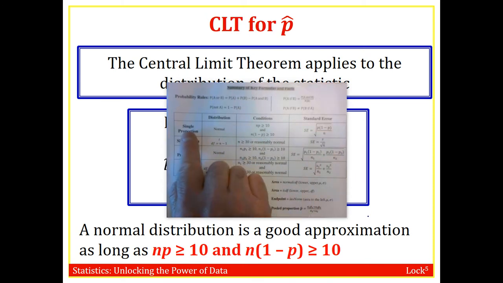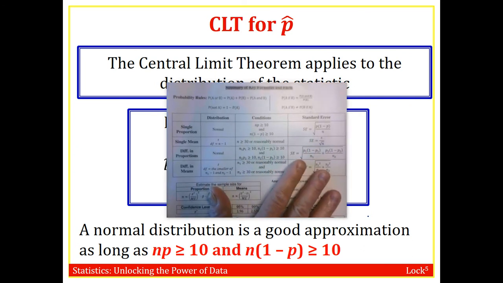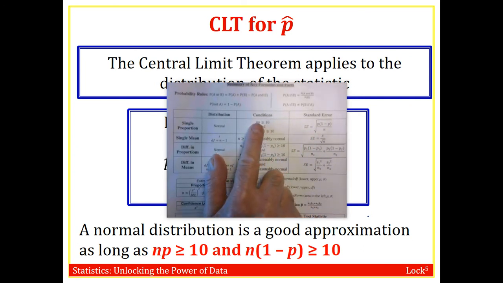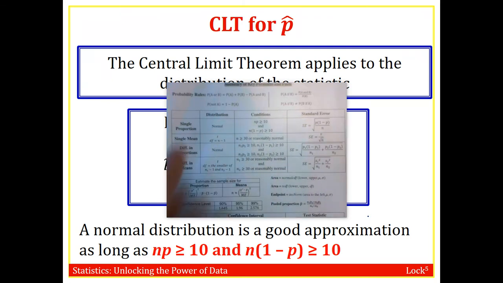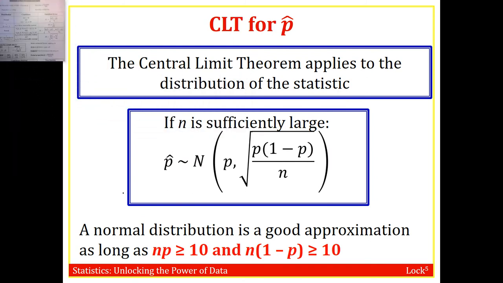It's in single proportion, and it's right here. I also have these conditions that say, if you take n times p and it's greater than or equal to 10, and if you take n times 1 minus p and it's greater than or equal to 10, then you have met the conditions for a single proportion. I bring that up because that's exactly the formula we're talking about here.